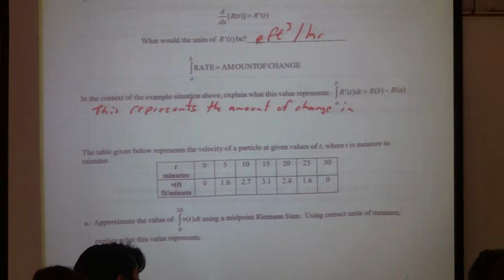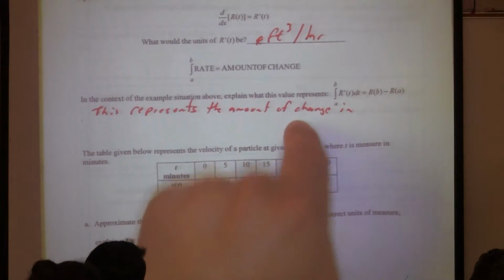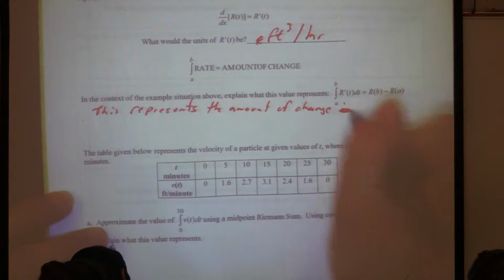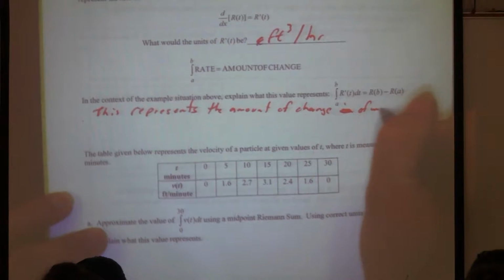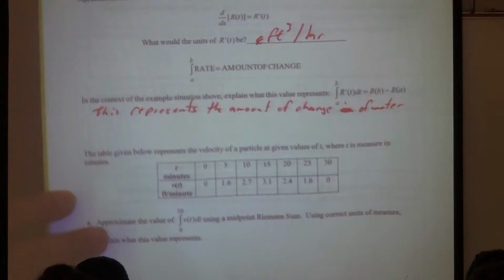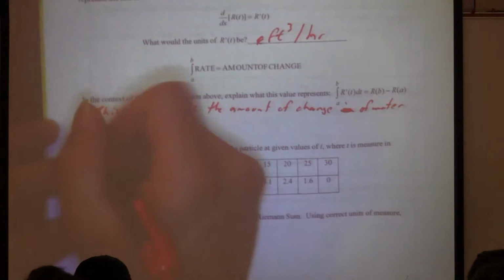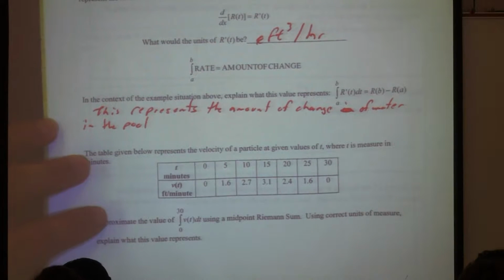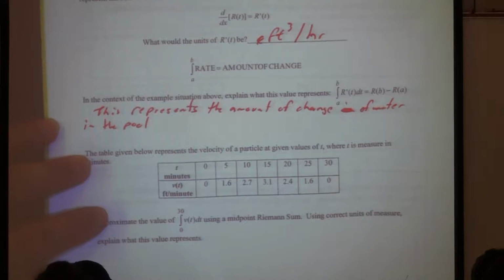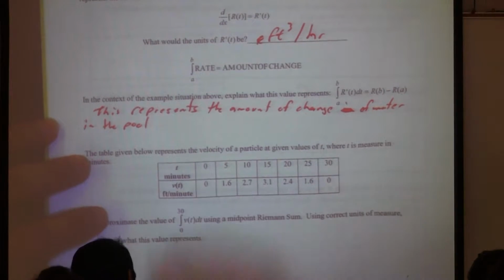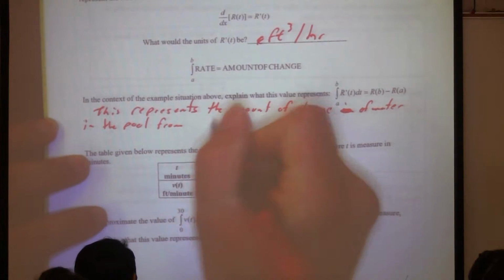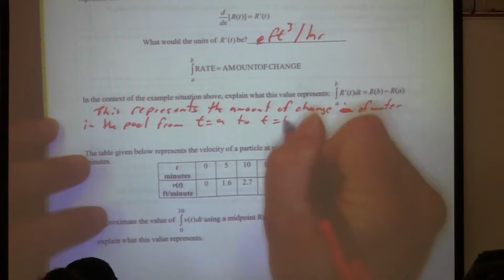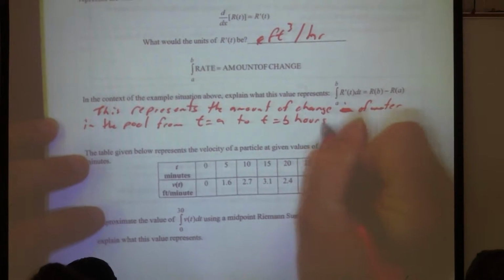So it represents the amount of change of water in the pool. From where to where? From T equals A to T equals B hours, right?